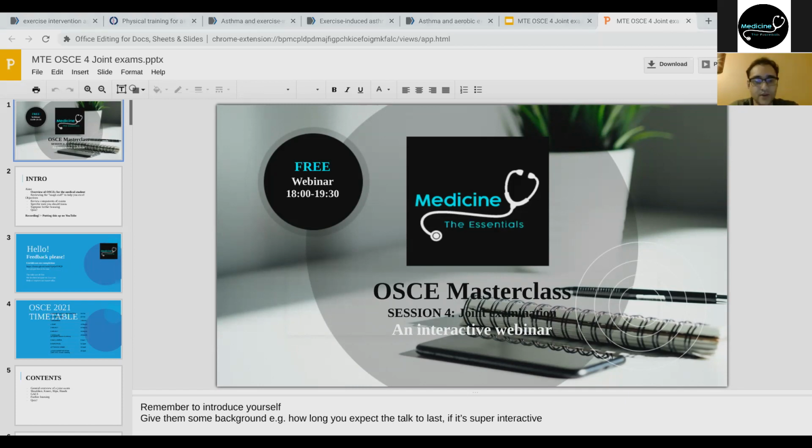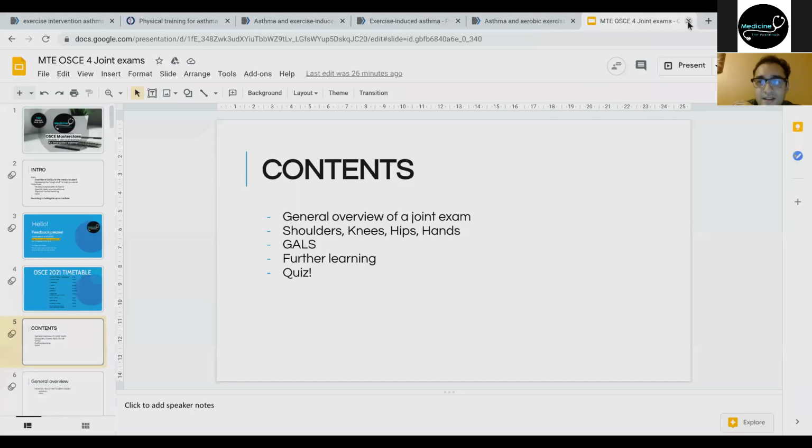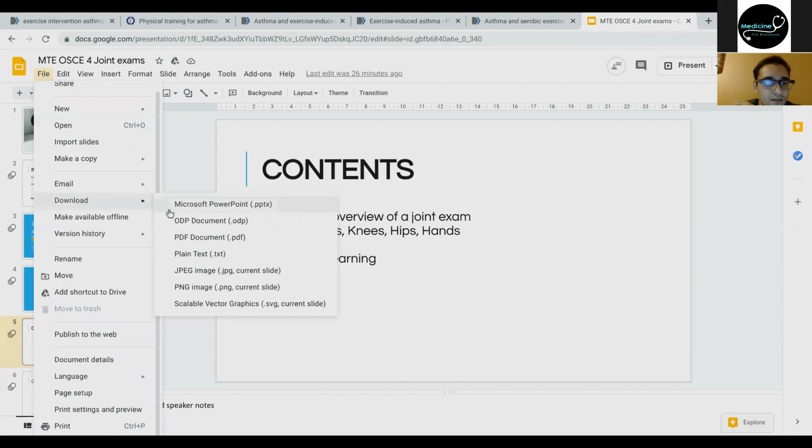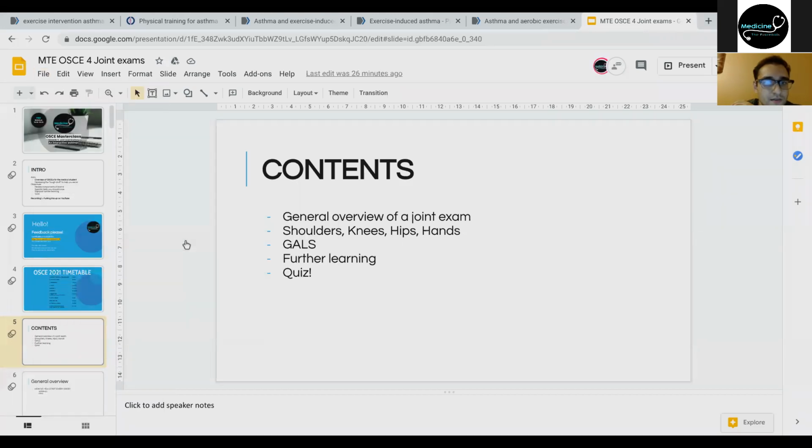Sorry, I'm on a Chromebook, so Microsoft always goes a bit haywire. If not, you can download it as a PDF and share it that way. Yeah, maybe I'll try that. Sorry about this, guys. File, download, PDF.